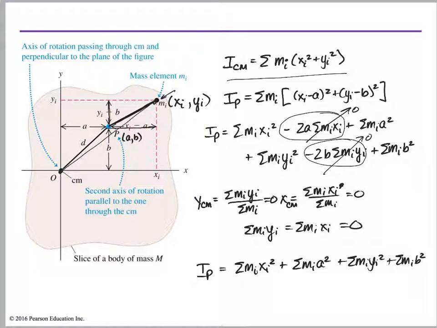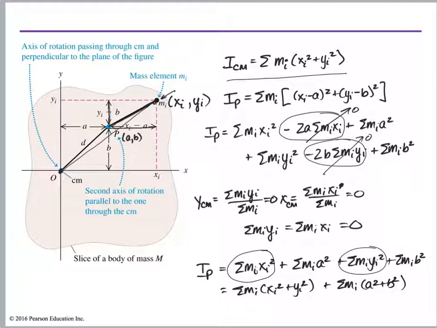Now let's go back up and look at this definition right here, because we actually do have those terms. We have this term and this term. If we put them together, we have the sum of m sub i times x sub i squared plus y sub i squared. And then we can also put the other terms together, the sum of m sub i times a squared plus b squared.